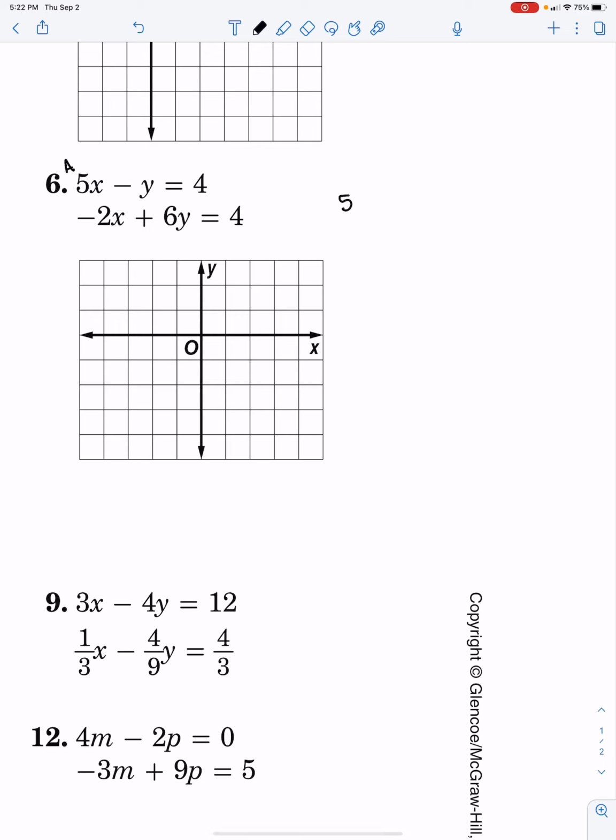So I've got 5x minus y equals 4. So then I've got negative y is equal to negative 5x plus 4. Remember, there is an understood 1 here, which means that everything would have to be divided by negative 1.